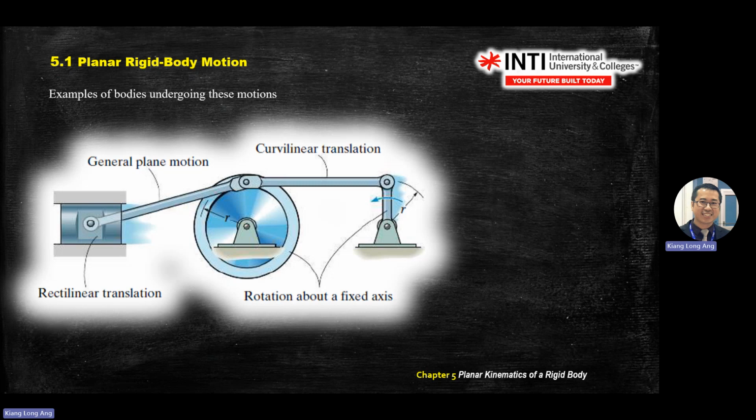The piston has a hole for it to move, so it already constrains the direction. This piston head moves only in a straight line, so this is a rectilinear translation. The orientation is still the same, but the motion is linear.